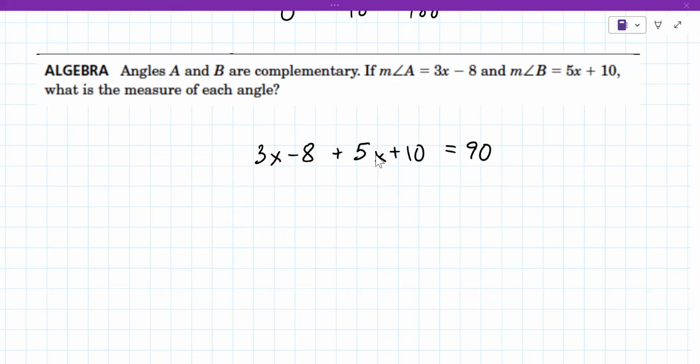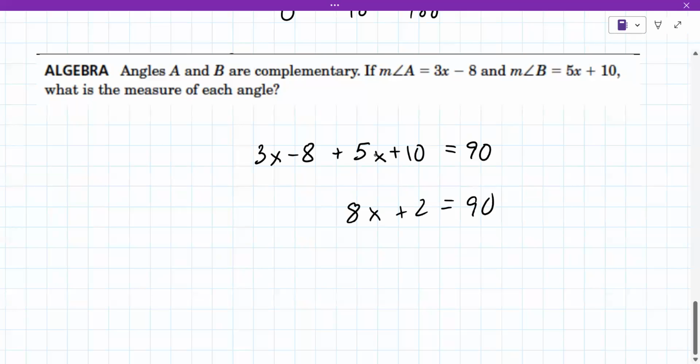X equals 11. Okay. And how confident are you in your answer?